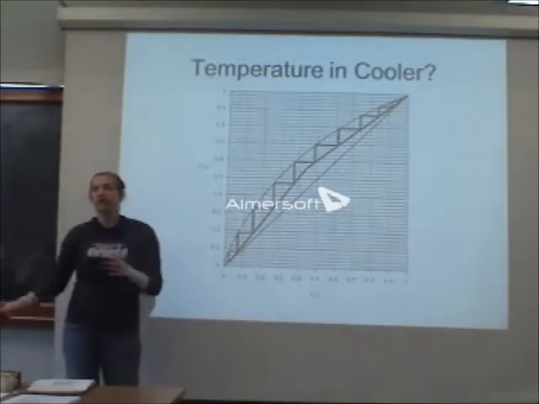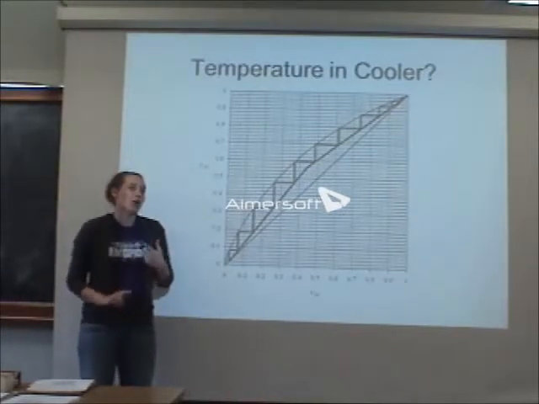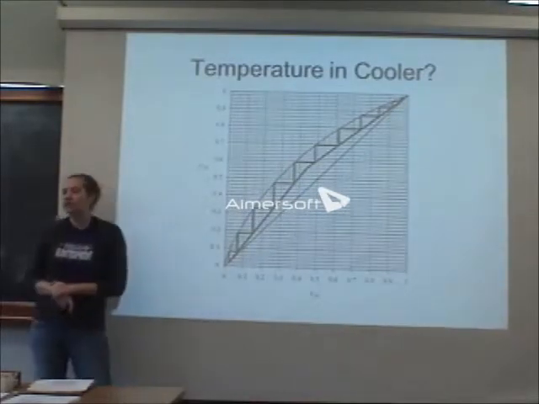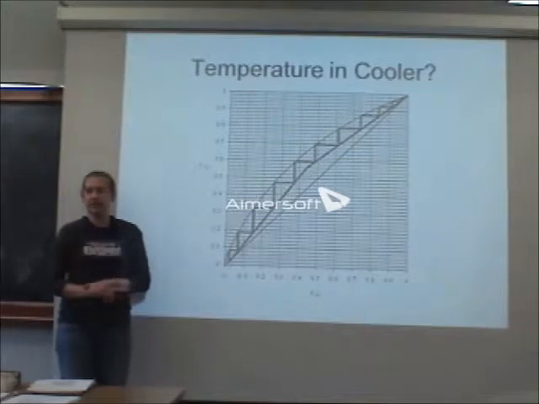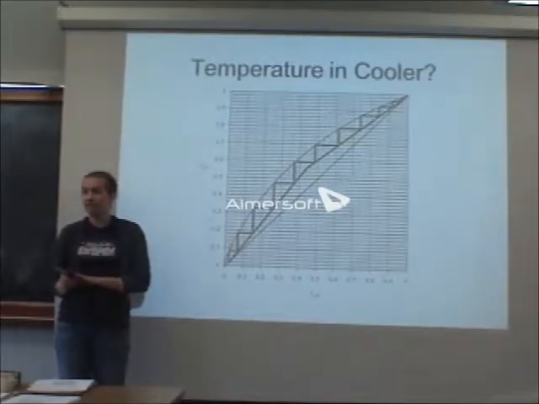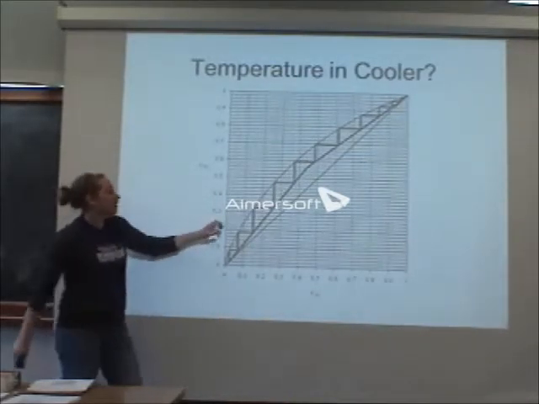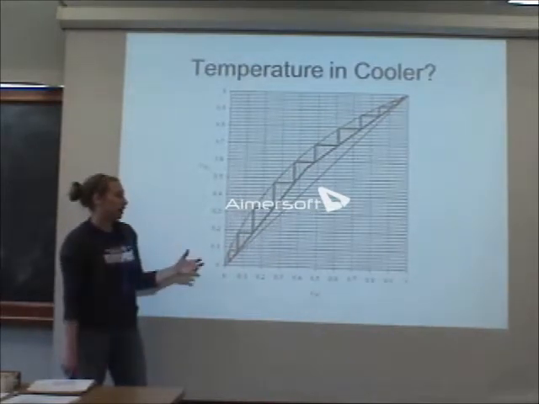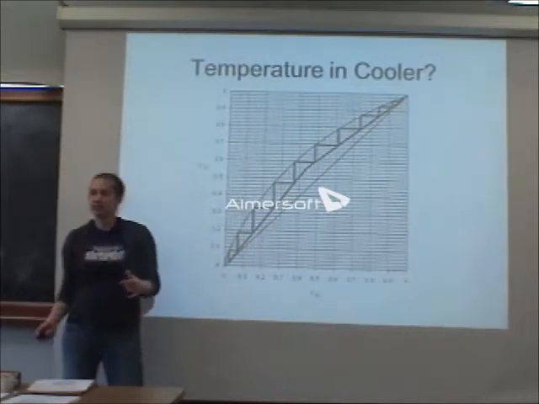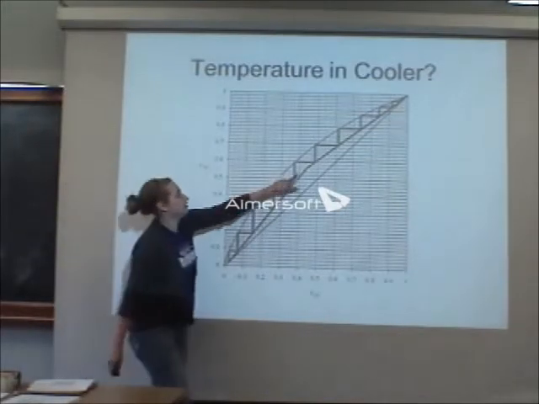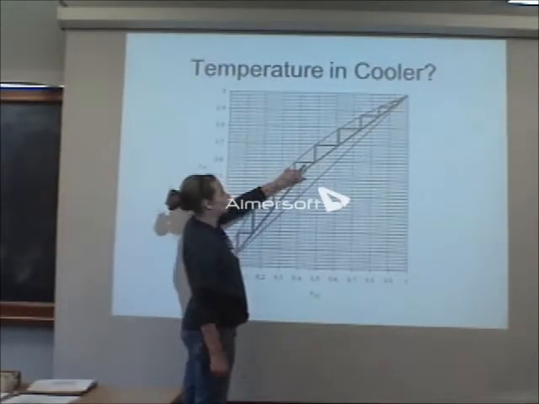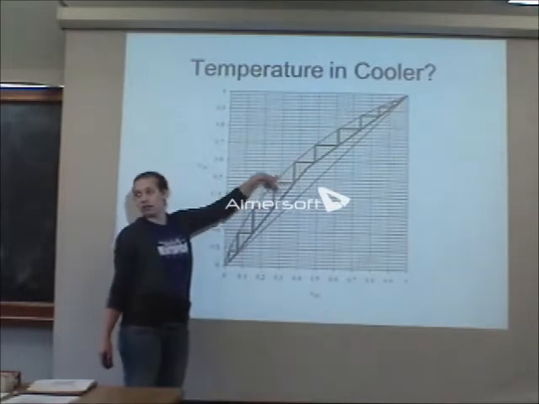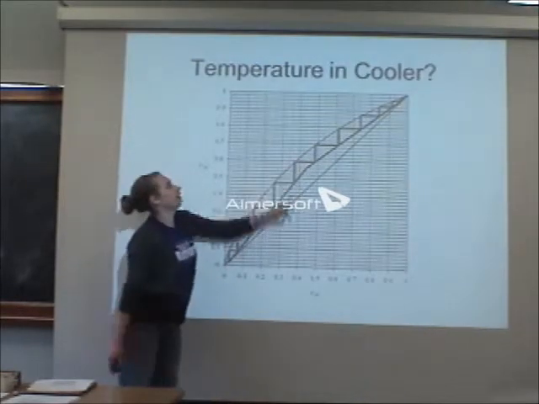What is the temperature of the cooler going into my system? What's the first thing we need to look at to know the temperature on this diagram? The temperature of the feed what? The compositions of the feed what? The feed stage. So this is my feed stage. So where am I supposed to be looking here? The point on the equilibrium line.